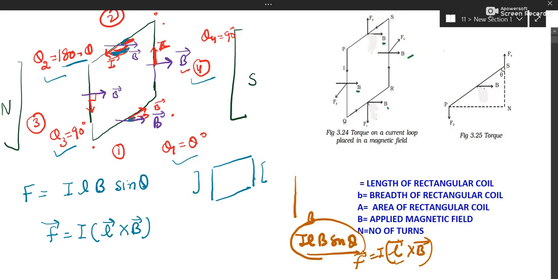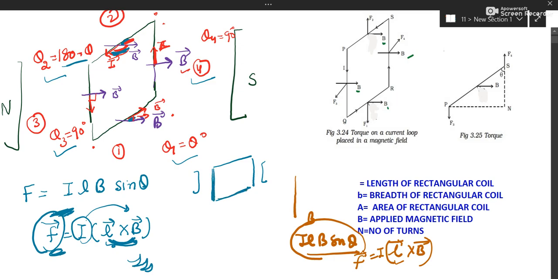So each arm will feel a force given by this. So let us use either right hand thumb rule. That is, if curls of right hand are moving from L to B, or you can say current to magnetic field, then thumb will give you the direction of force, or you can use Fleming's left hand rule.